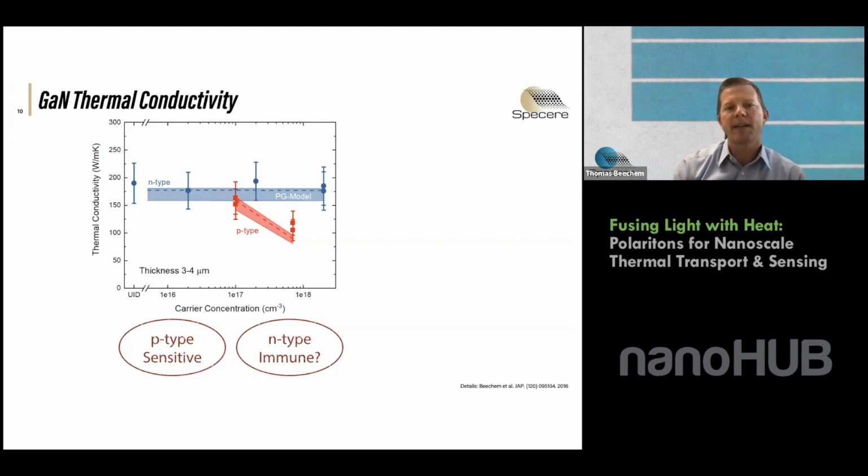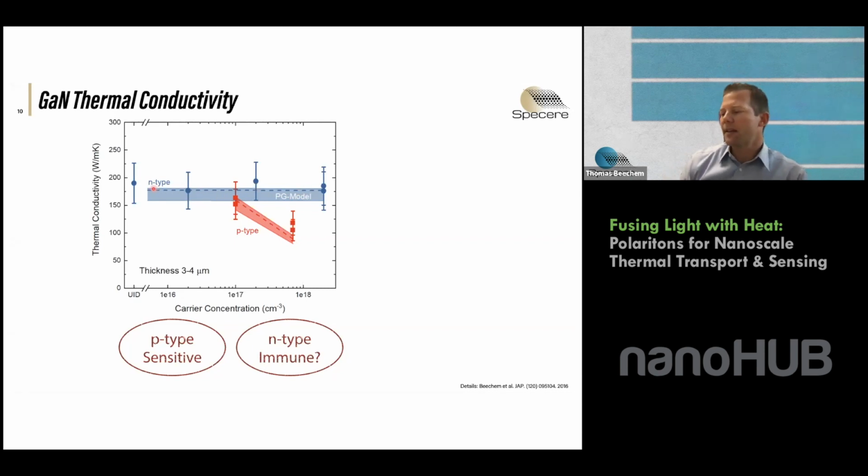He made a series of samples where he changed the dopant concentration, in both N-type and P-type material. The P-type material showed us exactly what we would expect: we put more dopants in, more impurities, and the thermal conductivity goes down. But the N-type material showed no sensitivity to the impurity.